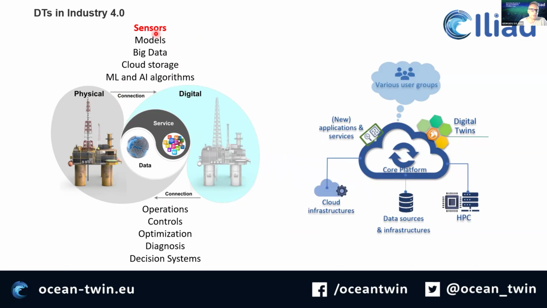We need a lot of sensors, in fact. We need models. All these sensors and models will create big data and will be stored in cloud systems and will be utilized by machine learning and AI algorithms. And when we do that, we have efficiently crossed the line where we, in fact, are transferred from the physical space to the digital space.